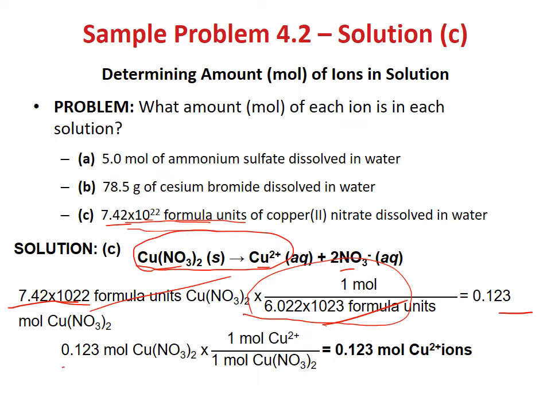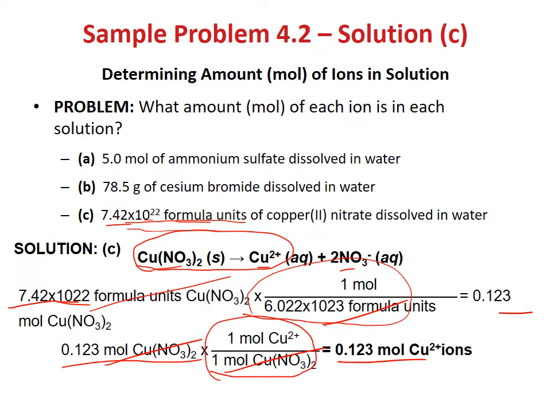So we start with 0.123 moles of copper nitrate and use stoichiometry as a conversion factor: 1 mole of copper nitrate cancels and gives you 1 mole of copper ion. And so the answer is 0.123 moles of copper 2+ ions.